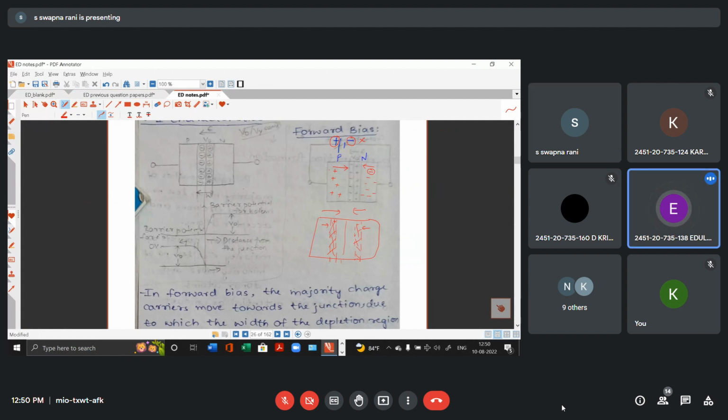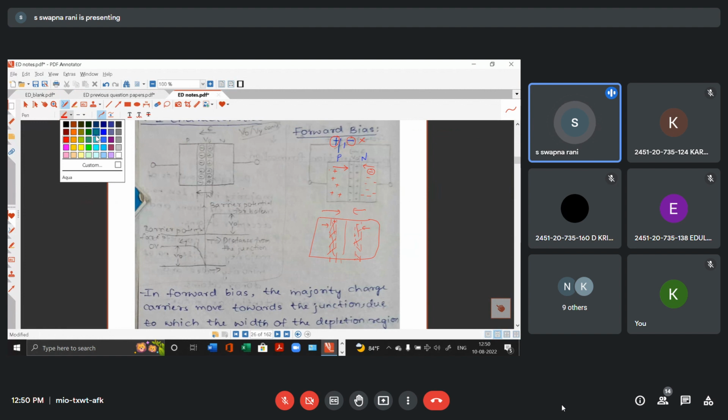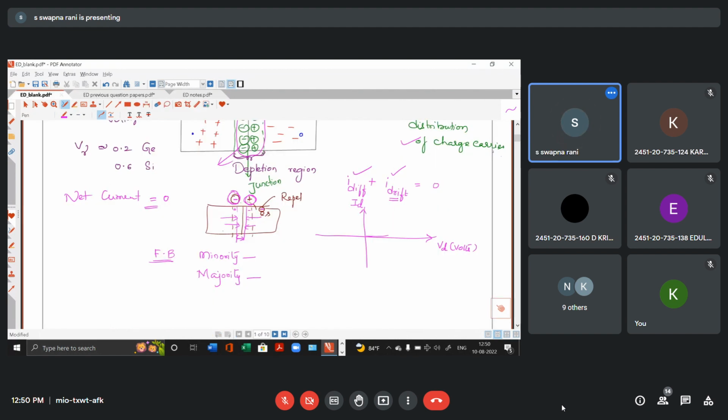Majority charge carriers. ఎస్. ఎందుకు మైనారిటీ ఛార్జ్ క్యారియర్స్ ఇక్కడ చూడండి, పీ రీజియన్లో మైనారిటీ ఛార్జ్ క్యారియర్స్ అంటే ఎలక్ట్రాన్స్. సో మైనారిటీ బ్యాటరీ వైపు వెళ్తాయి, మెజారిటీ రిపెల్ అవుతాయి బ్యాటరీ నుంచి. So majority charge carriers will be moving towards the junction and minority will be moving away from the junction.